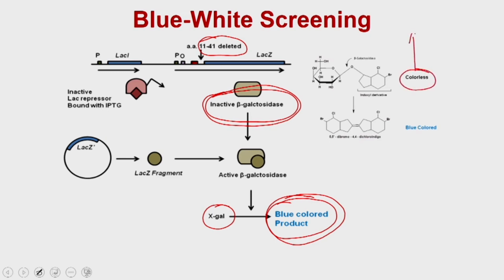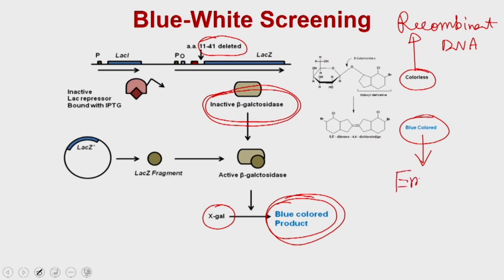As a result, you are going to see colorless colonies. The colorless colonies are the colonies which have the recombinant DNA, whereas the blue colored colonies have only the empty vector, because the empty vector has the functionally active alpha peptide.